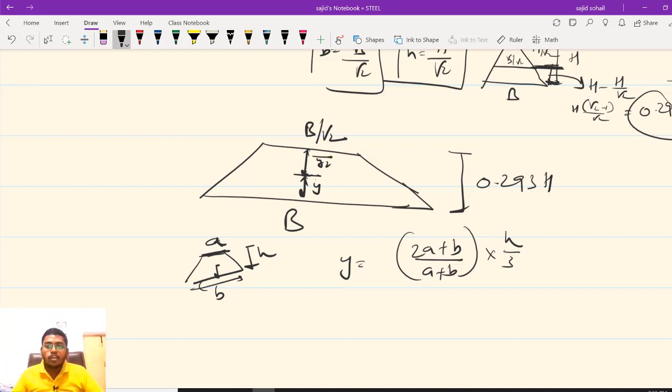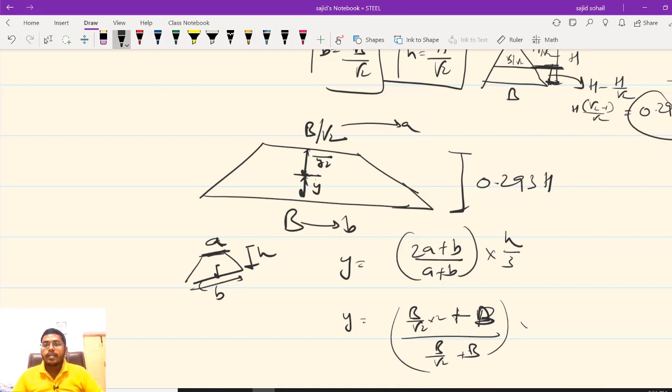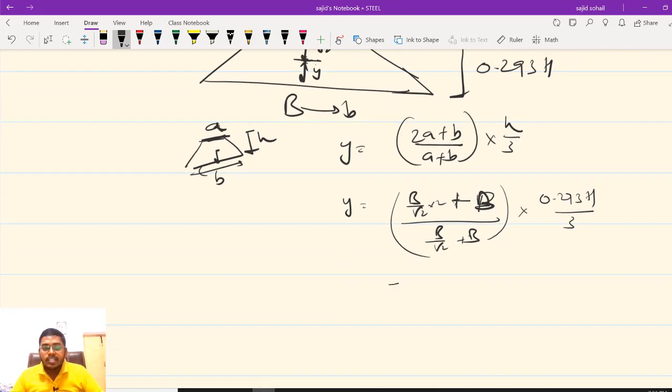Okay, so first let us find out y. It is b by root 2 into 2 plus b value. Here this is my b and this is my a value, as simple as that. Capital B divided by a plus b, which is b by root 2 plus capital B, into h by 3. The h value is 0.293h divided by 3. So just calculate.